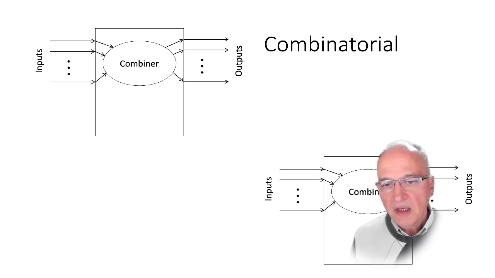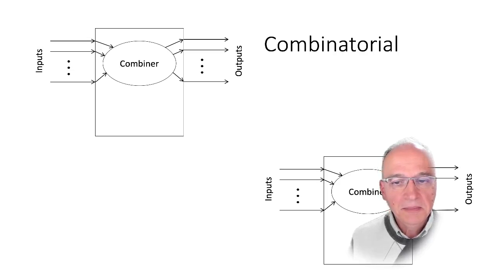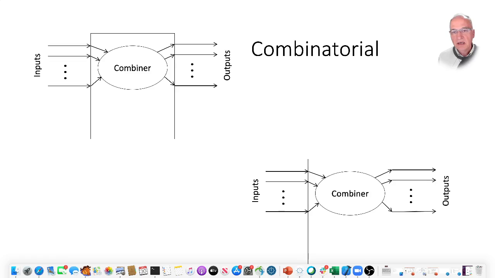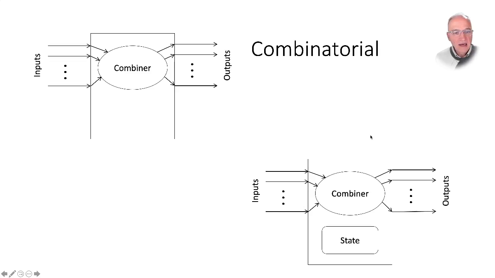And if I take my combiner, so here's my combiner, and I add a state to my combiner, and sorry that the video is cutting some of the lines, but this is a box that contains my combiner.